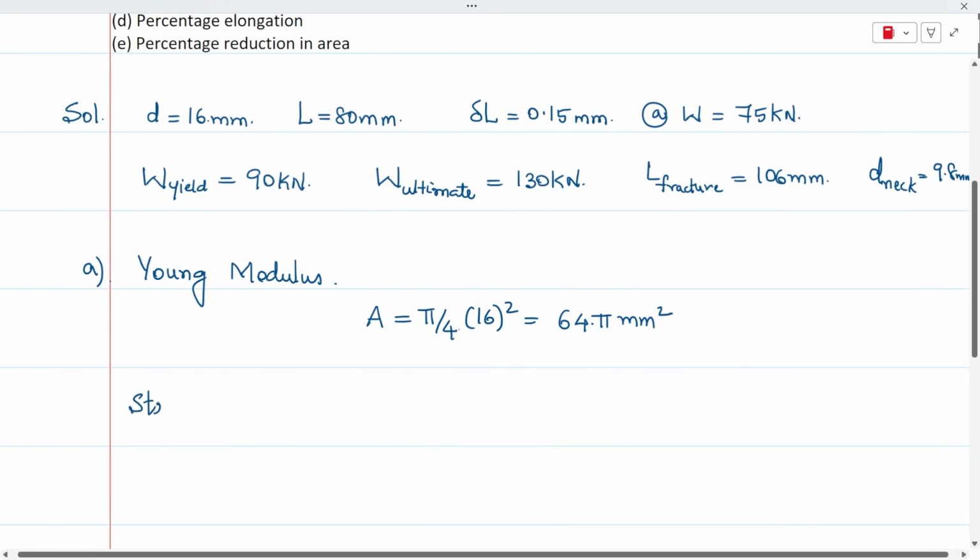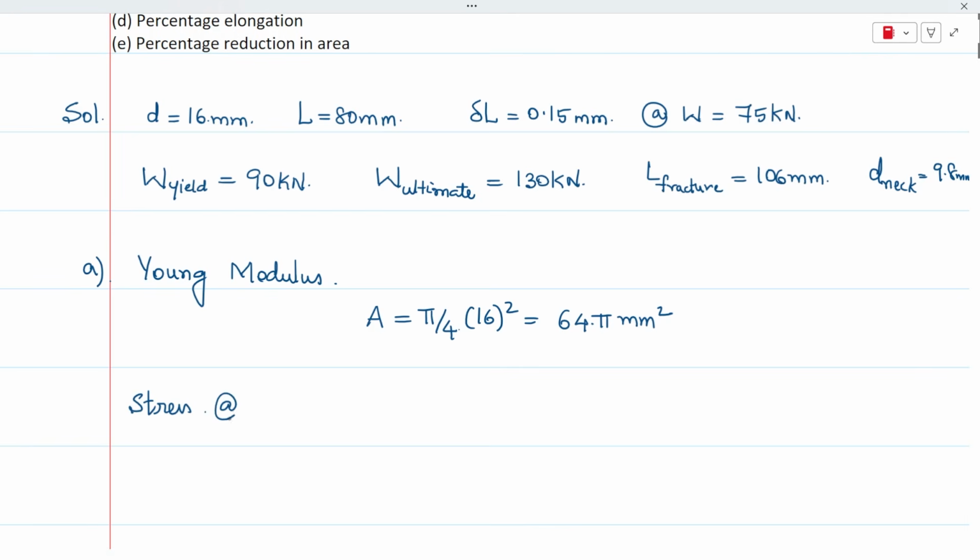Stress at 75 kilonewton load, that is sigma equal to P by area. Load is 75 kilonewton. 75 into 10 power 3 divided by 64 pi. This is equal to 373 Newton per mm square.